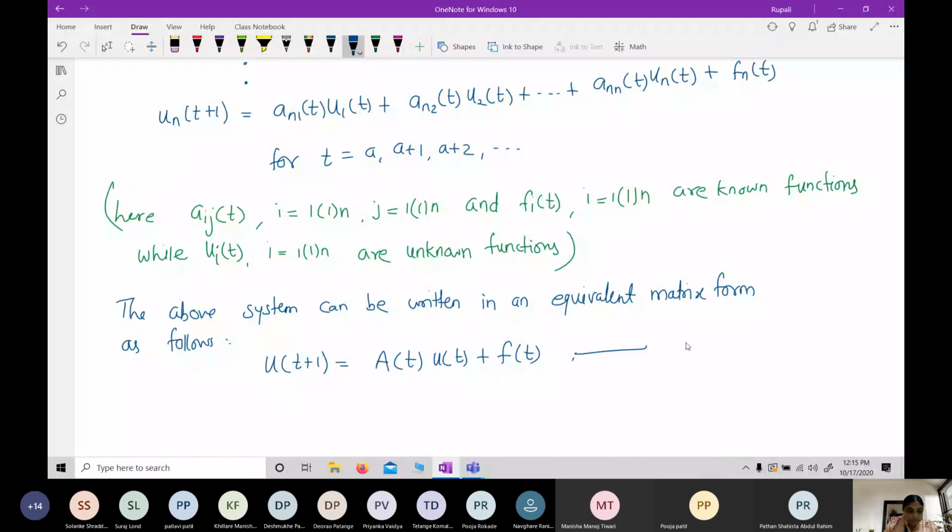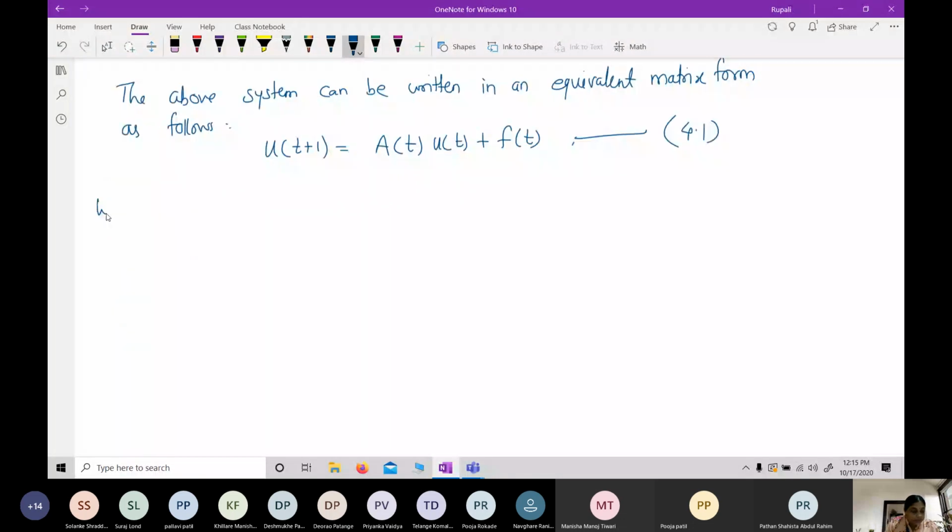Equation number 4.1, where what is u of t? It is u1t, u2t, un t. It is n by 1 vector. Okay, matrix or vector, you can say. What is A of t?